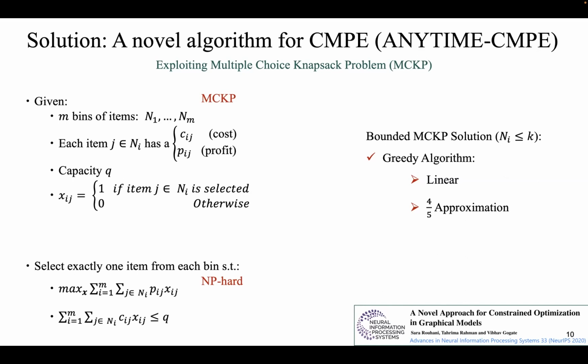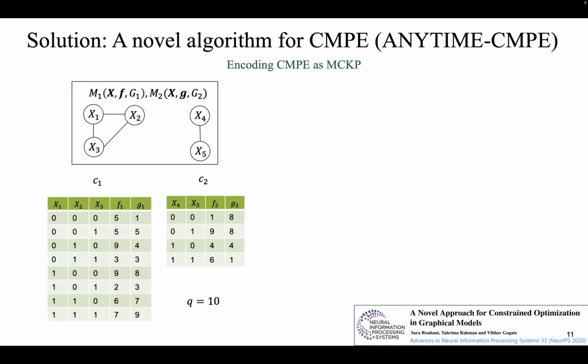So now we can take these guarantees and directly apply them to CMPE if we find an encoding that encodes a CMPE problem into an MCKP problem. Here is how we can perform this encoding. What I'm showing here is how to encode CMPE as this multiple choice knapsack problem. In this case, any solution to MCKP would be a solution to our CMPE task.